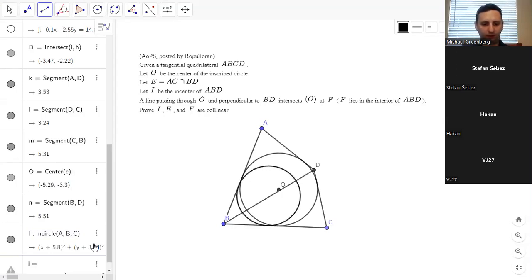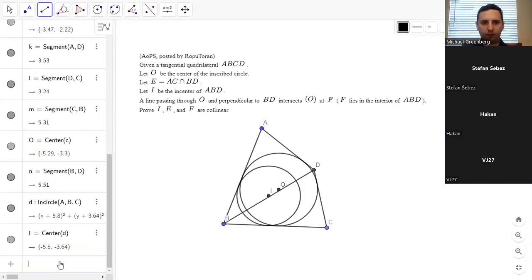So let's see what happens if I do this. Oh, it doesn't like that. Okay. So I'm going to change this to B. So I is the incenter of ABD.